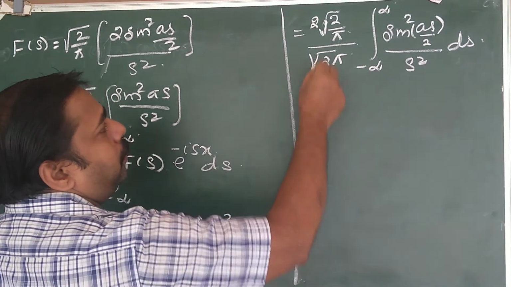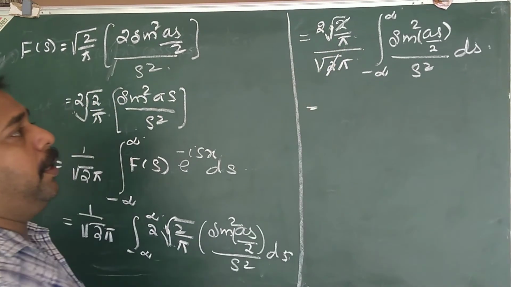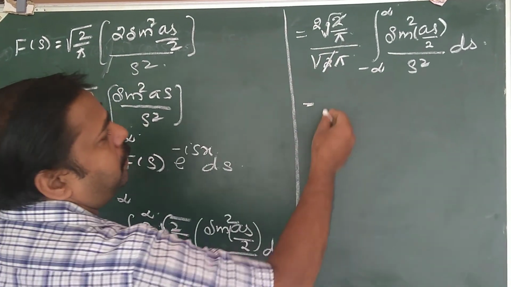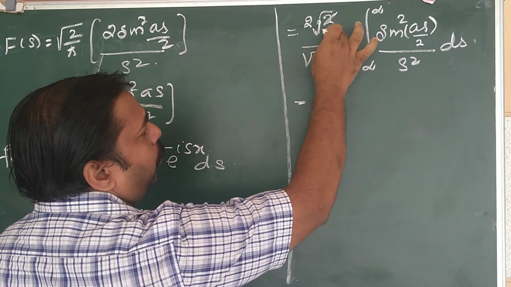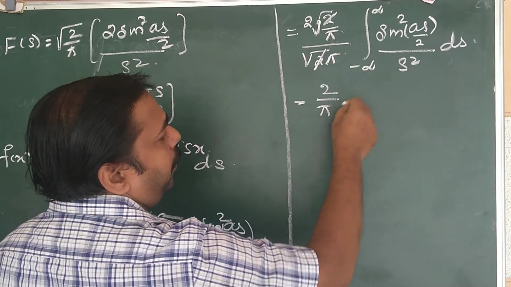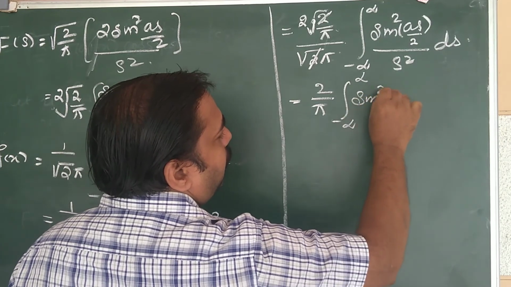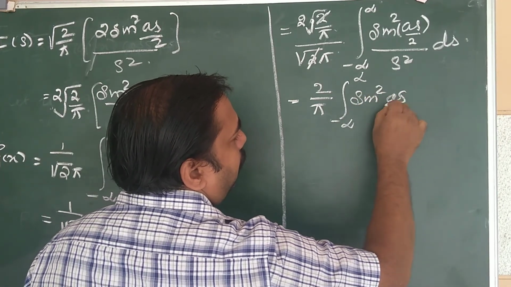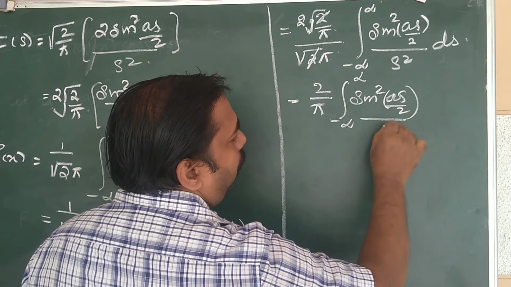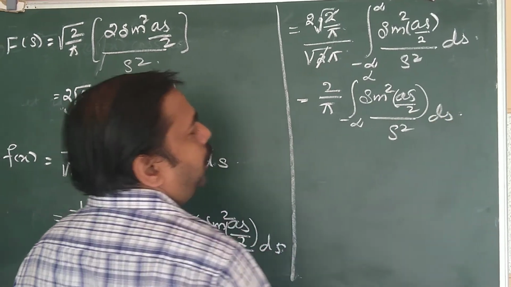So the root 2 cancels, that is 2 by root 2 pi, that is equal to 2 by pi, integral minus infinity to infinity sin square as by 2 whole divided by s square ds.